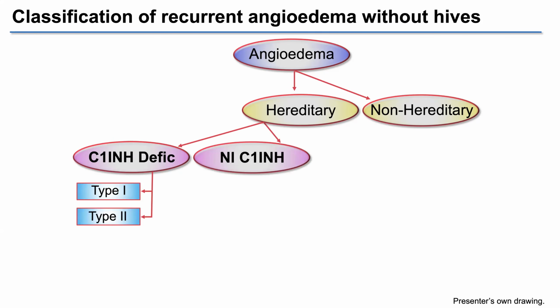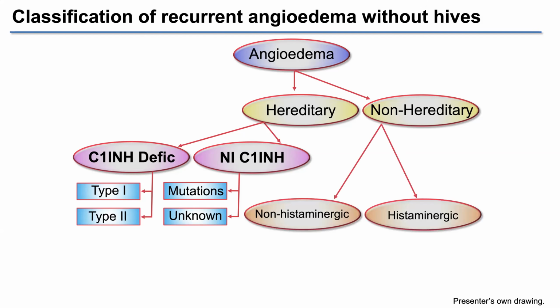But in 2000, a form of hereditary angioedema with normal C1 inhibitor was described. Over time, we've seen multiple subtypes of this that I'll go into in more detail later. These are either associated with underlying mutations in various genes or, at the current time, of unknown etiology.